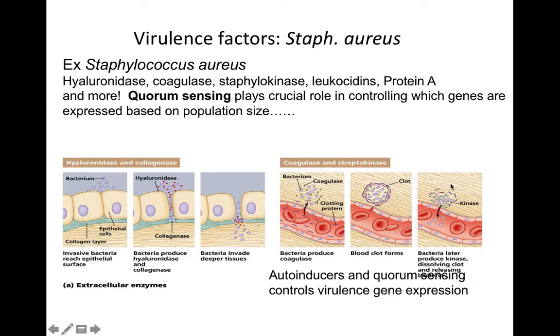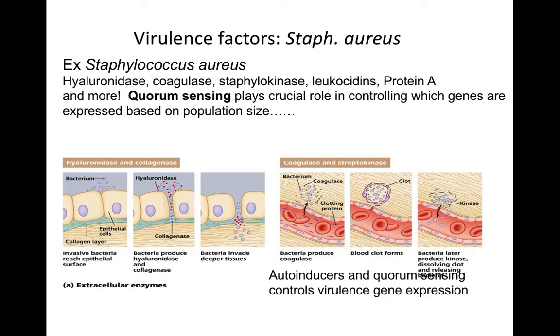Now, this is pretty amazing, right? So how can the Staph aureus know when to turn off coagulase and when to turn on kinase? Well, again, folks, this is this amazing phenomenon called quorum sensing. What the bacteria do is each of the Staph aureus will produce a chemical, and we'll just call it an autoinducer.